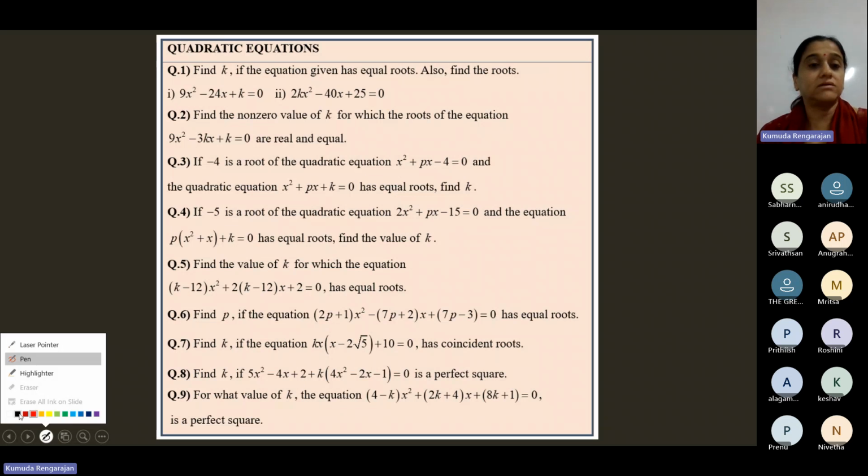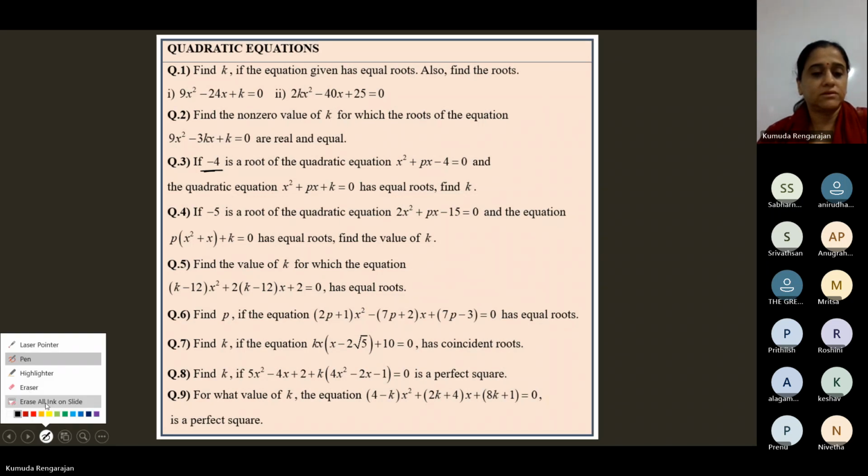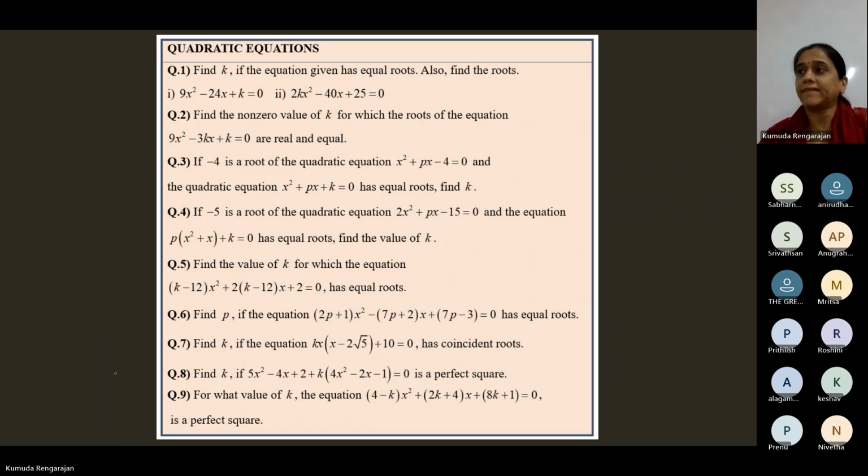Just help me take the sums which we have already worked from this. I think this one we've already done. It's -4. Just open your class work notebook. Which is done, -4. This one is done, right? This is done. Then louder, darling. 4 also is done.